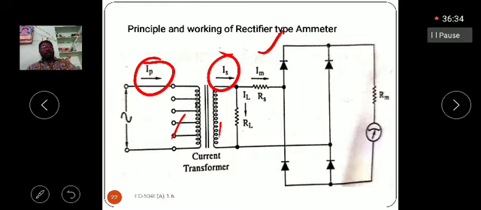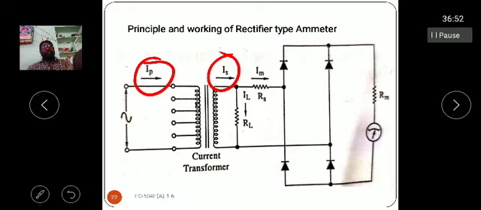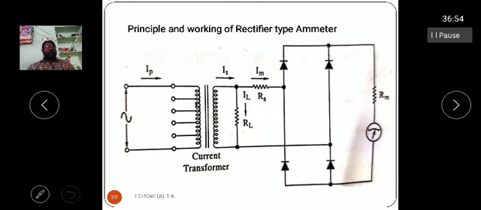There is the multiplier or shunt series resistance RS, the load resistance RL, and we have connected 4 diodes in the form of a bridge, and also the PMMC instrument along with the PMMC resistance. This is the rectifier type ammeter.